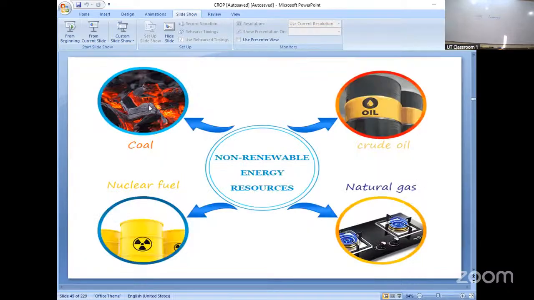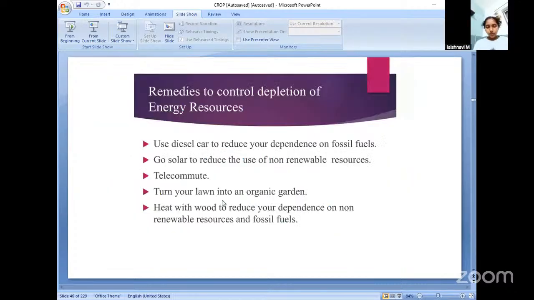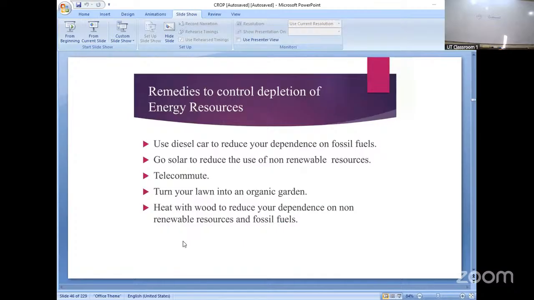So we should follow renewable sources of energy in place of non-renewable coal. After some time it can get exhausted, and then it will be very difficult for us to renew it. So we should follow renewable sources of energy, even solar energy. Actually, people are using solar panels on the top of their roof, because it is a great source of solar energy.